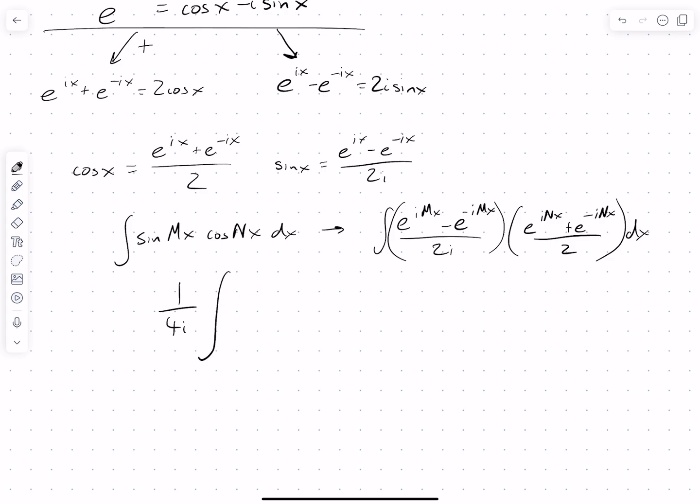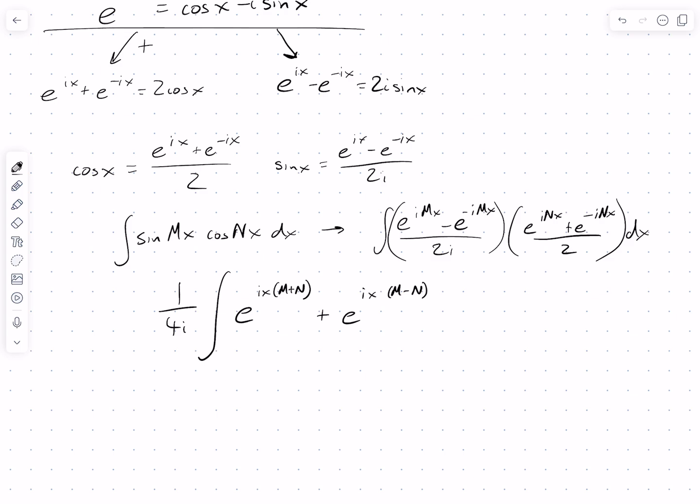And if we FOIL, we will get e to the, well, the i and the x are in common, so m plus n. That's the F in FOIL. First outer is going to be e to the i and x, and the m is positive and the n is negative.